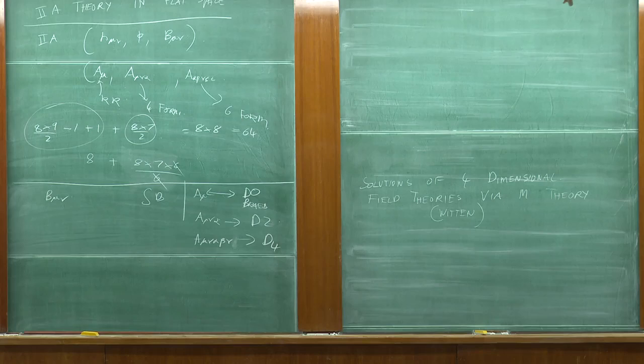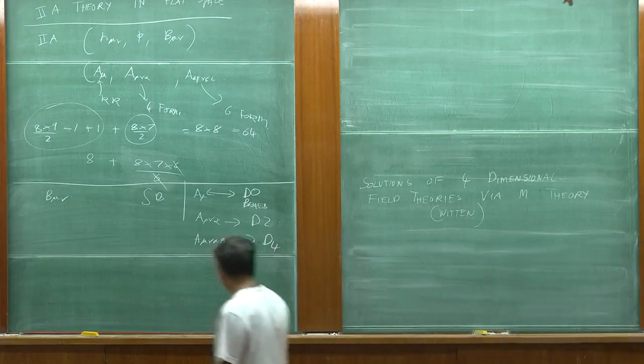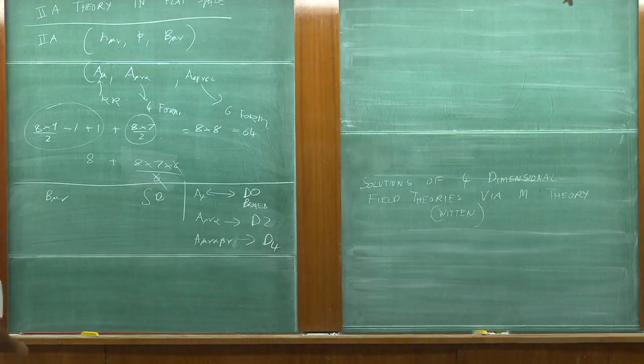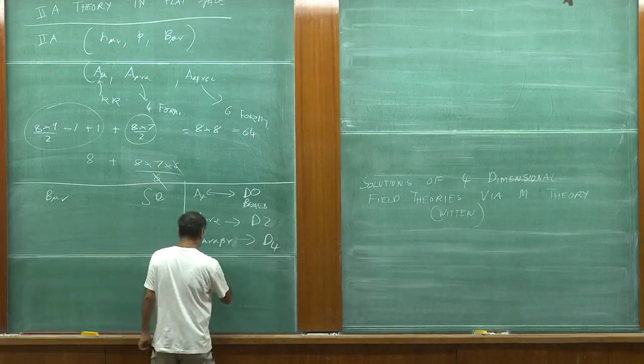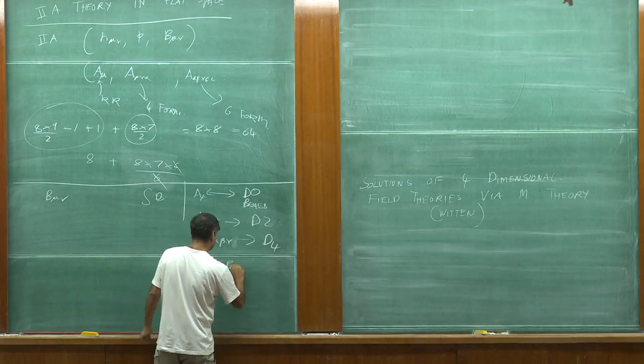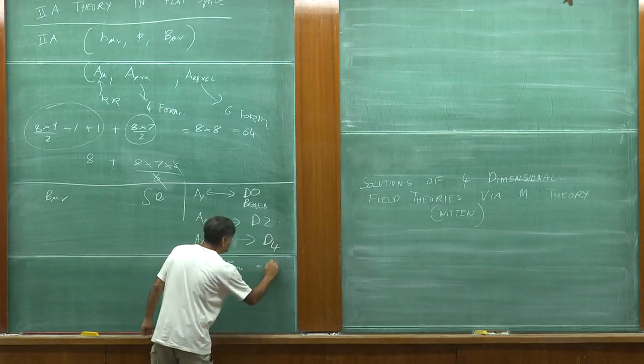And that can be integrated over the world volume of another object. And that object is called the NS5 brane, or in his paper, Witten calls it the solitonic 5 brane. And these things appear in excitation.